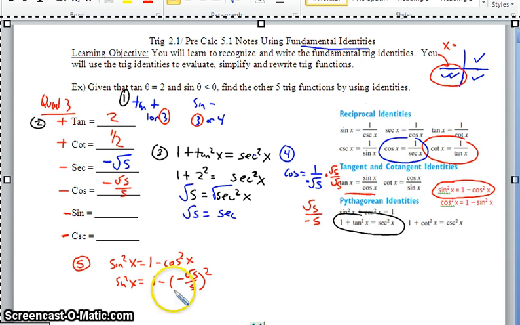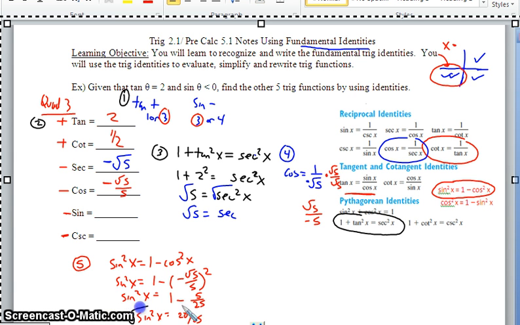squared. So if I solve this, sine squared of x is equal to 1 minus, this would be positive 5 in the numerator, this would be a 25 in the denominator, so sine squared x would be equal to 1 minus 5 25ths, which would be 20 over 25.